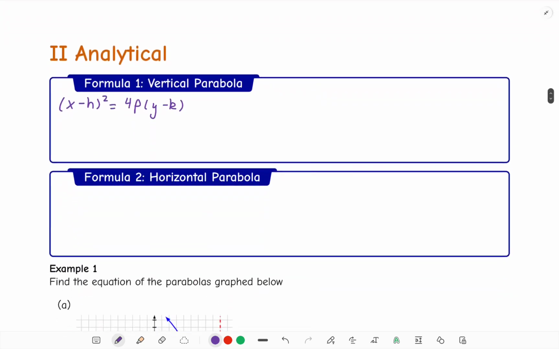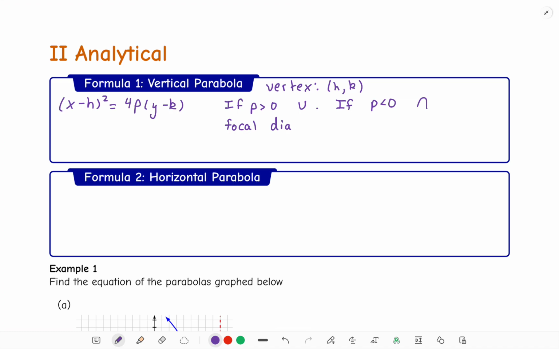So if this is the equation of our vertical parabola, the information we get is that the vertex is h comma k. If p is positive or greater than 0, then it opens upwards. Otherwise, if p is negative or less than 0, it opens downwards.